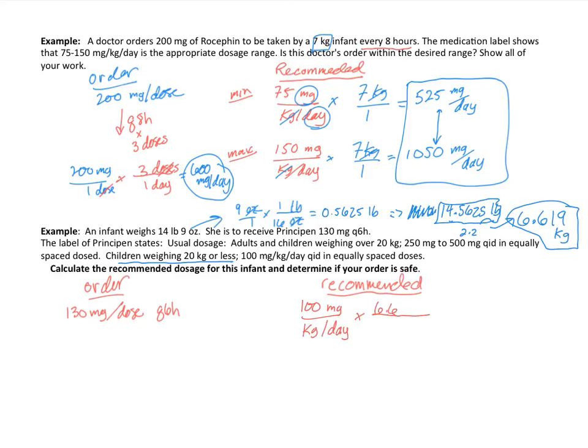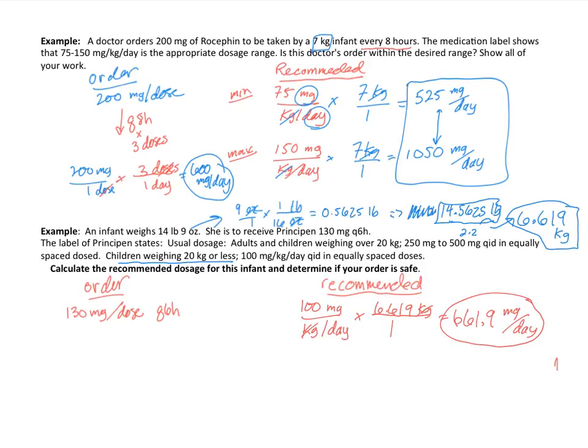We need to customize this for this patient. What do we get? 6.619 times 100, you're going to get 661.9, and the unit would be milligrams per day. This is what's recommended for this patient.